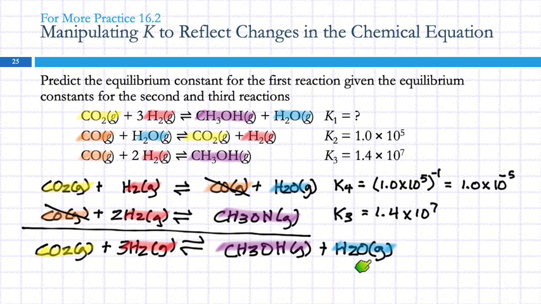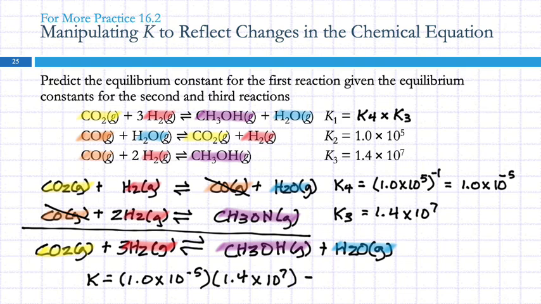So K for this then is going to be these two guys multiplied. So K1 is going to equal K4 times K3. So it equals 1.0 times 10 to the minus 5 times 1.4 times 10 to the 7, which will be 1.4 times 10 to the 2.